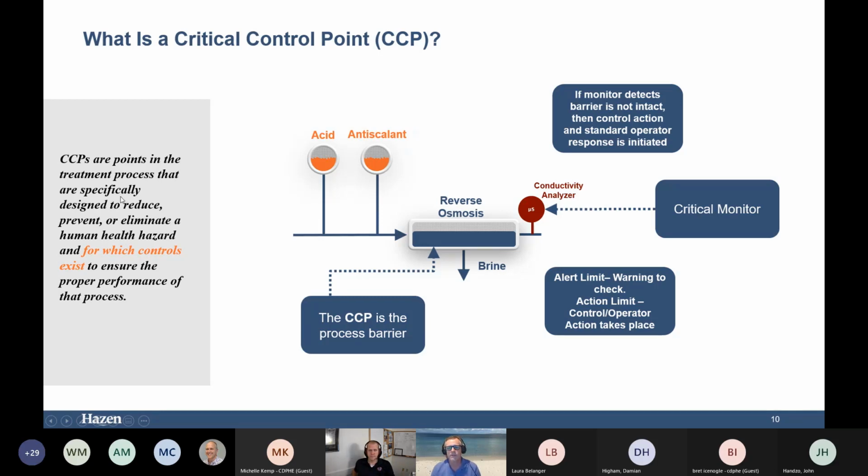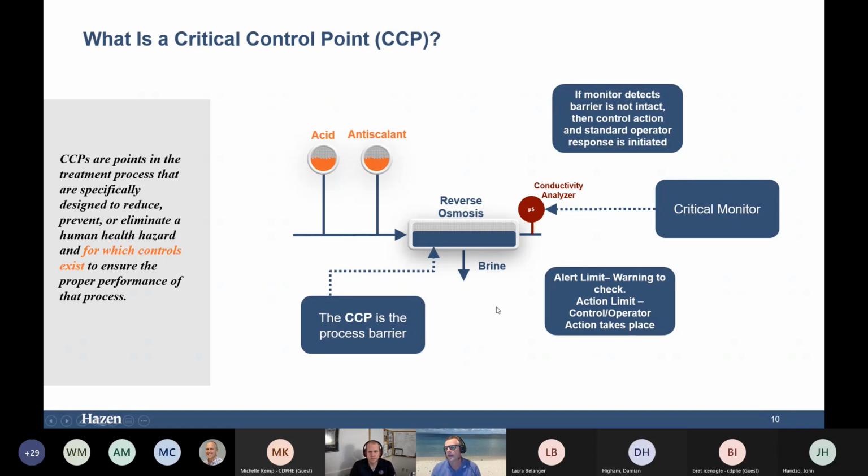So it's the point in the process, it's the treatment barrier itself that is reducing, preventing, or eliminating that health hazard, so either microorganism or chemical or both, and for which we have some controls. It's something that we have operational controls for, and we have some way to monitor the performance such that we are confident that it's meeting that minimum requirement of eliminating or reducing those risks.